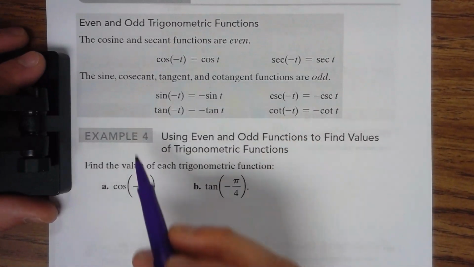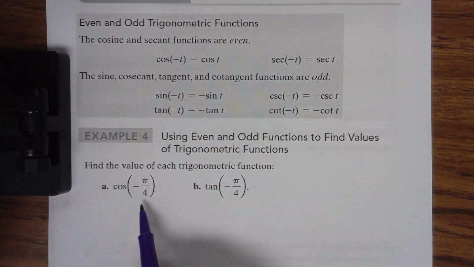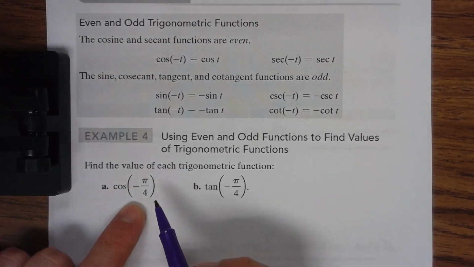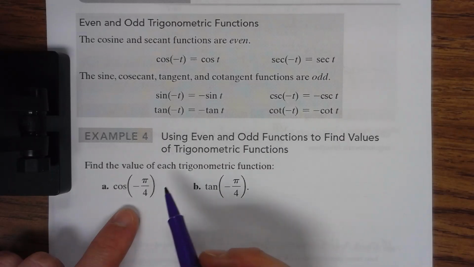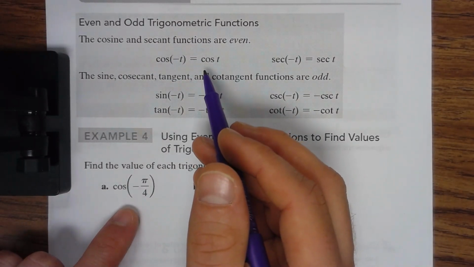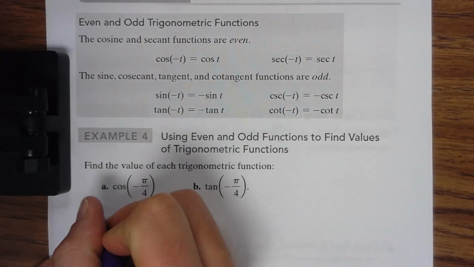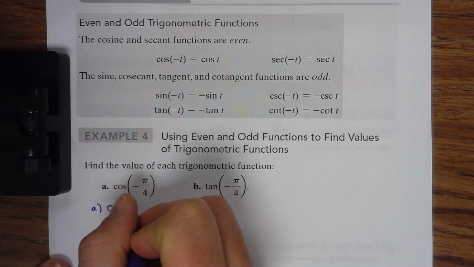In this case, when I recognize cosine of negative pi over 4, what we want to recognize is, hey, we're taking cosine of a negative angle, and we know there's an even or odd property. With cosine being an even function, instead of cosine of negative pi over 4, this is the same value as cosine of pi over 4.